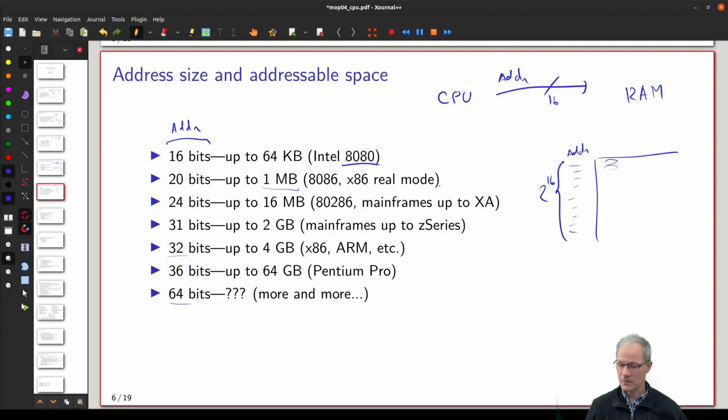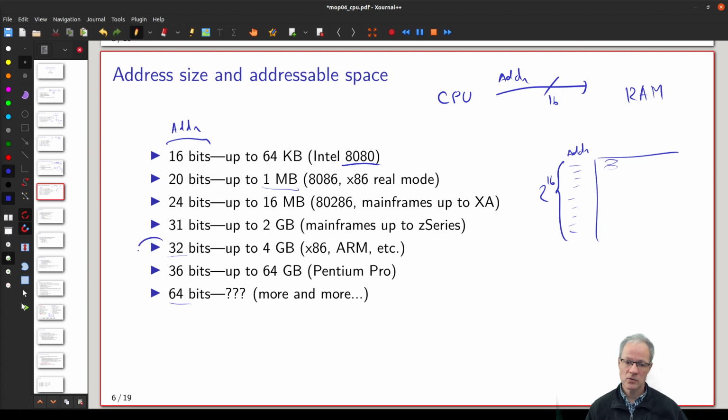And nowadays, we're using easily 64-bit registers or even 128-bit registers in certain architectures. This allows us to access more memory. This also allows us to hold bigger numbers in the registers, because usually the addressable space and these bits go hand in hand with how big the registers are.